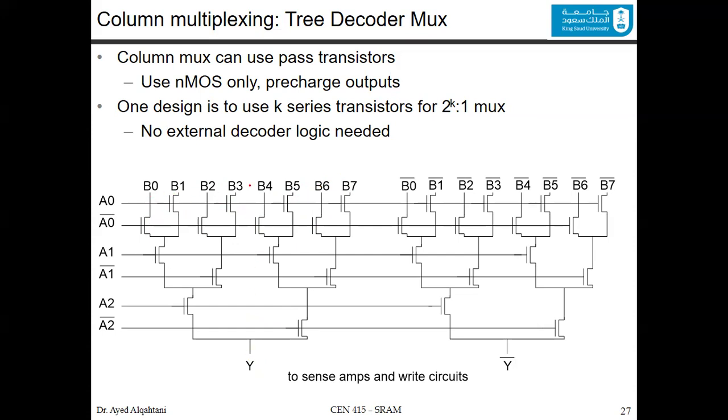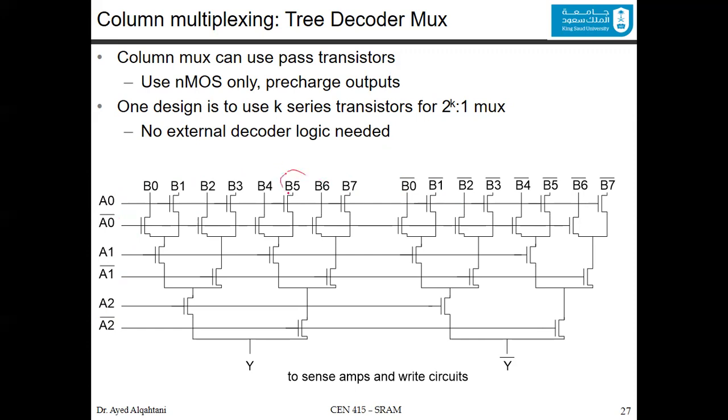Since you have 8 inputs, you need 3 multiplexing lines, which are A0, A1, A2. And as you can see in this design, for each input line, we have B0 and B0 bar, B1 and B1 bar, and so on. Similarly, for the selection, we have A0 and A0 bar, A1, A1 bar, A2, A2 bar, and so on.